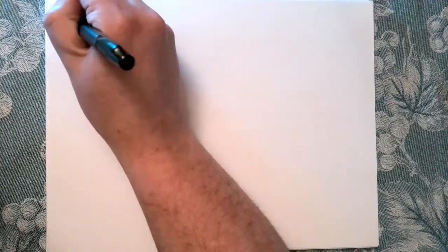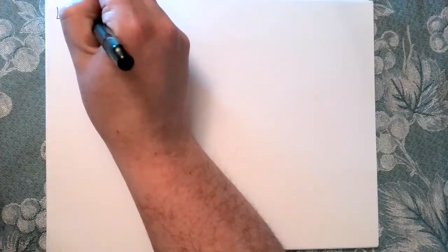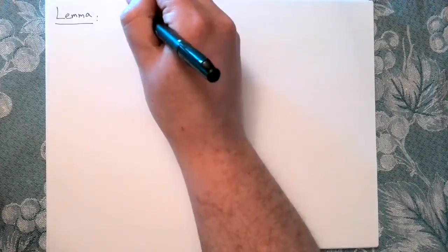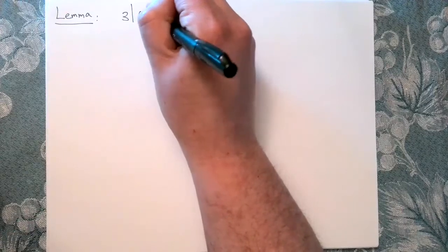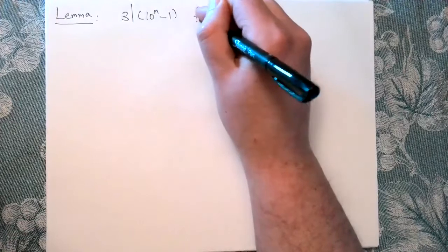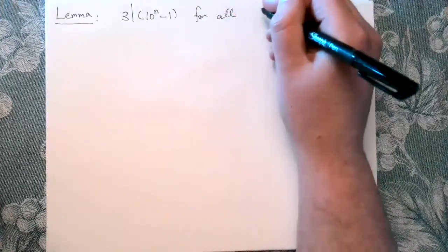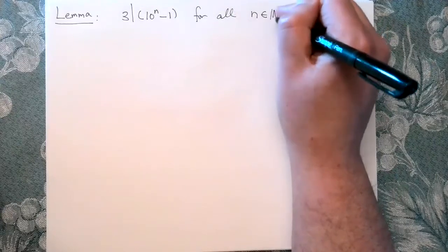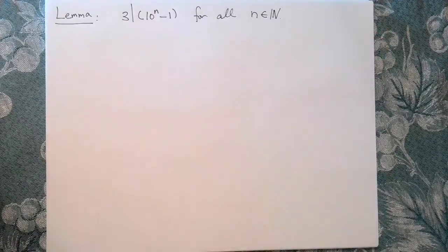The lemma says the following: 3 divides 10 to the n minus 1 for all natural numbers n. So you pick any natural number n, place that here, and you're going to have a number that 3 divides. Okay, so let's prove that this is true for every natural number.